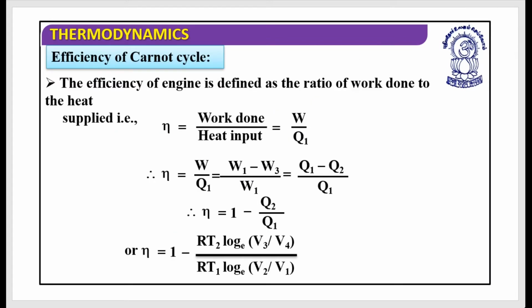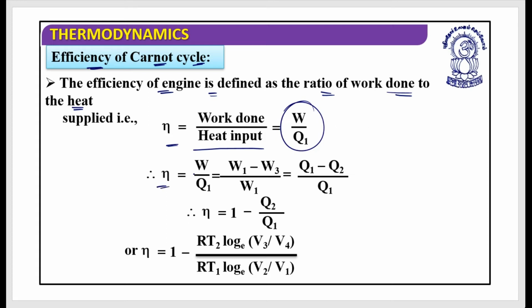Now let's discuss the efficiency of a Carnot cycle. We can say that efficiency of an engine can be defined as the ratio of the work done to the heat supplied. So efficiency is equal to work done divided by heat input, that is work done divided by Q1.